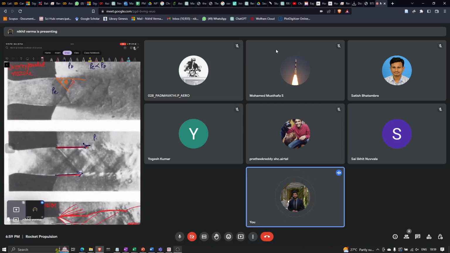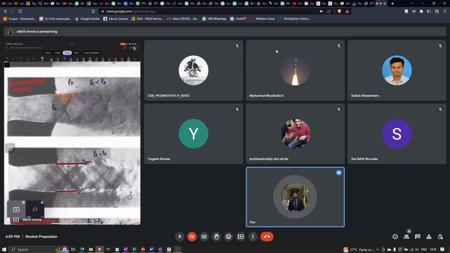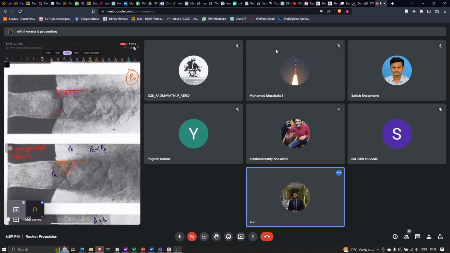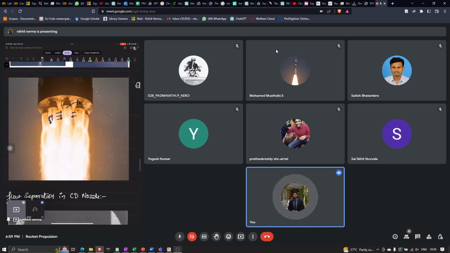At this, P_exit is equal to P_back, and here P_exit is greater than P_back, right? So in this condition, what is happening? Sorry, it is underexpanded. It is an underexpanded nozzle.